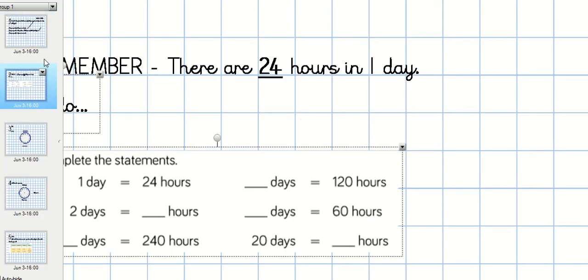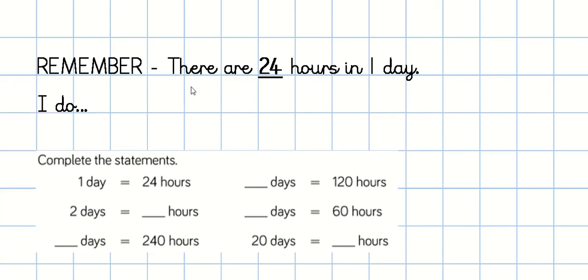Let's do this together. We need to complete the statements, but to do that we need to remember there are 24 hours in one day. So one day equals 24 hours. So 2 days is going to equal not just one lot of 24 hours, but 2 lots of 24 hours.